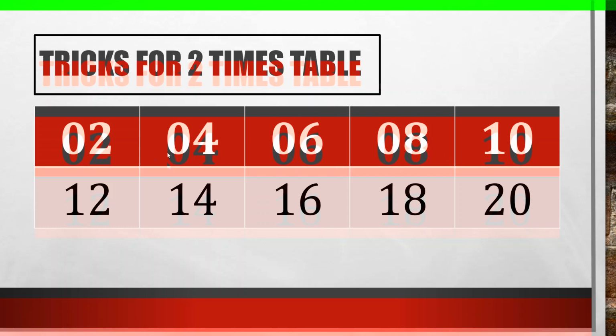It's an addition of two numbers. 2 plus 2 is 4. 4 plus 2 is 6. 6 plus 2 is 8. 8 plus 2 is 10. 10 plus 2 is 12. 12 plus 2 is 14. 14 plus 2 is 16. 16 plus 2 is 18. And 18 plus 2 is equal to 20. This is the trick for the 2 times table.